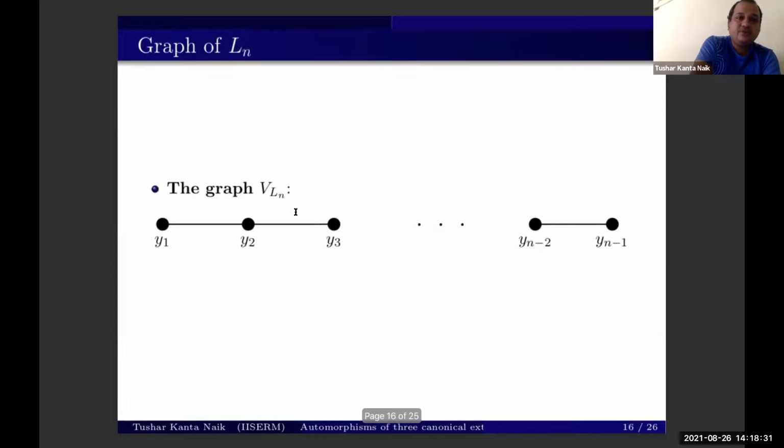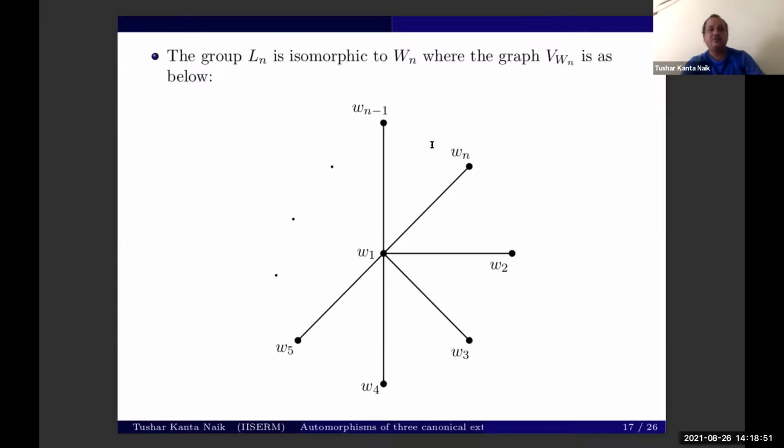So with this, we come back to the group Ln. If you notice, the graph of Ln is a straight line. Now we want to modify this graph to understand the automorphism better. So using the result, we can see that this group Ln is isomorphic to the group Wn, and the graph of Wn is like this, the star graph.